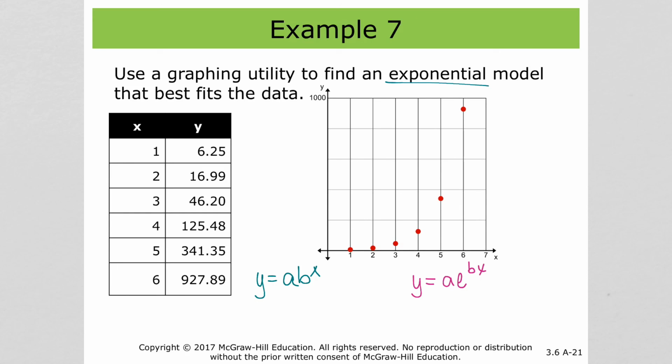So why are there 2 options? Well, both of these are exponential models. The first one is a typical exponential model where you've got a constant times something raised to x. And then the other one is an exponential model where you've got a constant times e to the something times x. So either of these would be exponential models.